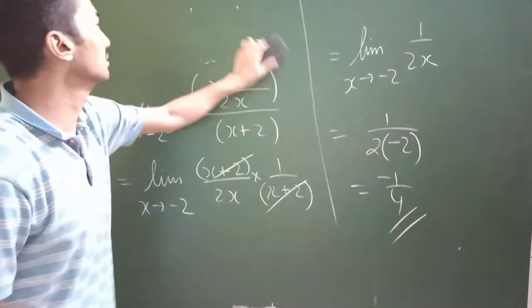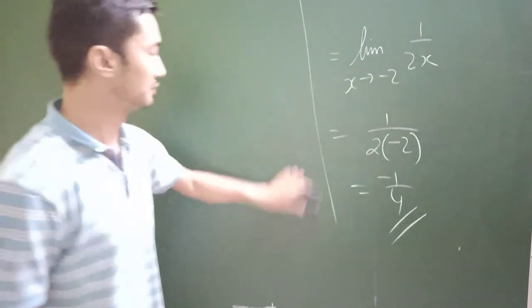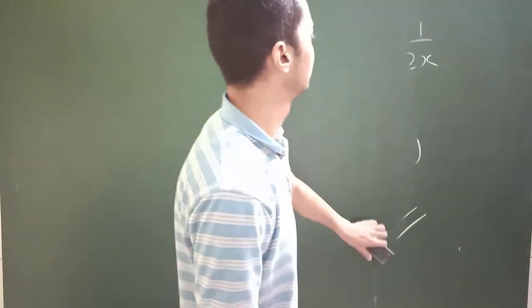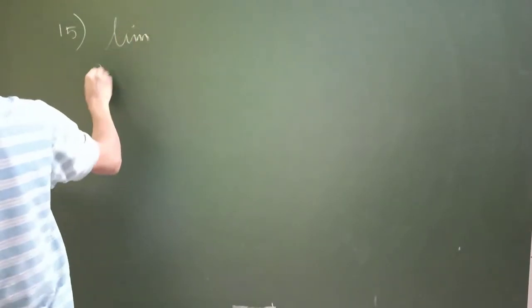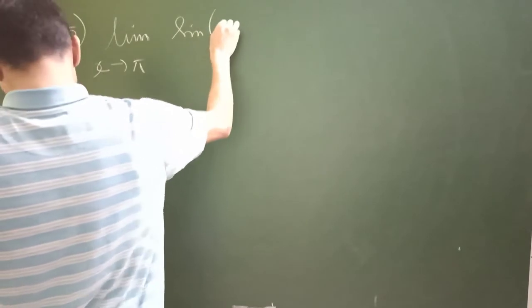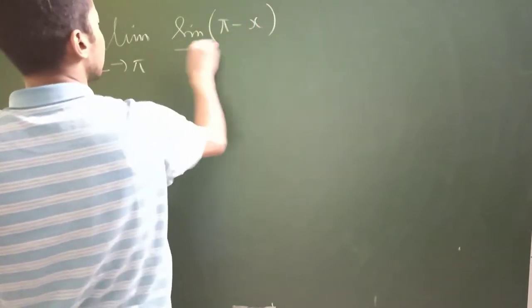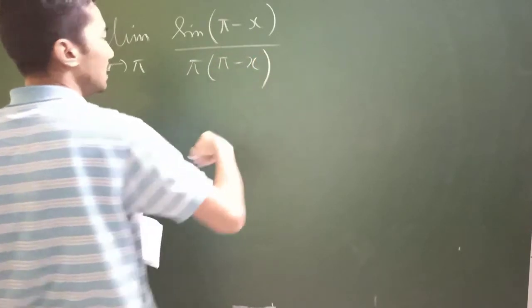Okay. So you can see the problems are not very difficult, isn't it? Alright, let's move on to another question that is maybe, okay, 15. The limiting value as x tends to pi of sine of pi minus x divided by pi into pi minus x.